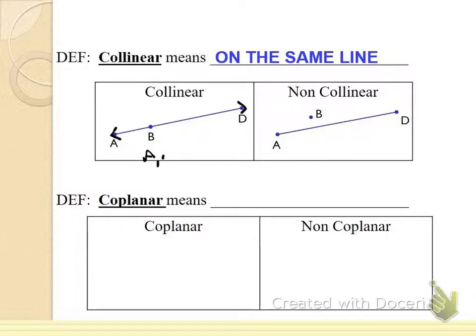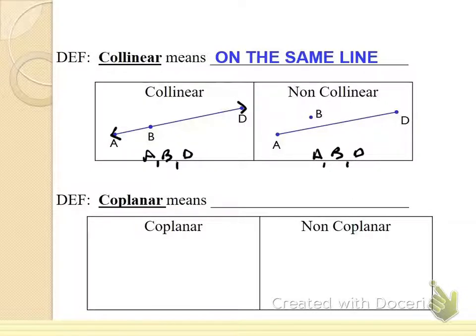So A, B, and D are collinear here. Or same thing for non-collinear. If we ask for non-collinear points, you have to list 3 points. 2 points are always collinear, and so that doesn't really help us. It takes 3 to make non-collinear or collinear, right?